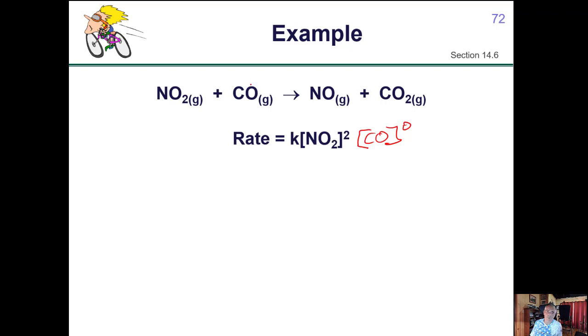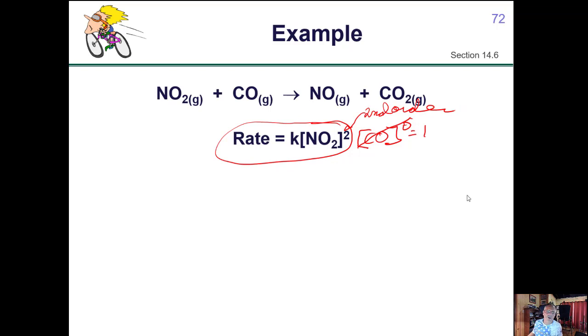It is, after all, one of the reactants in the reaction, but changing the concentration of the carbon monoxide does not affect the rate, because, as you recall, anything to the 0 power is equal to 1. So really, this is the rate law for the reaction, and it happens to be second order in nitrogen dioxide.